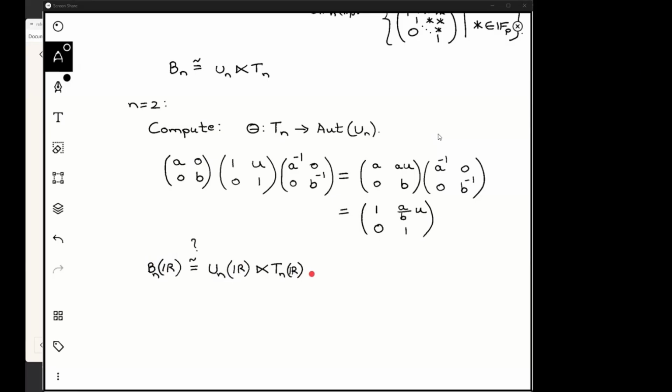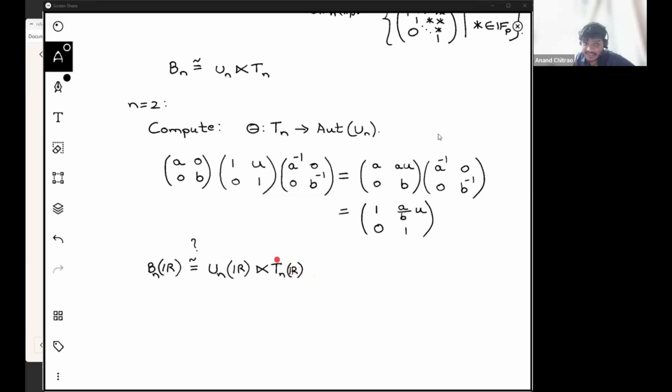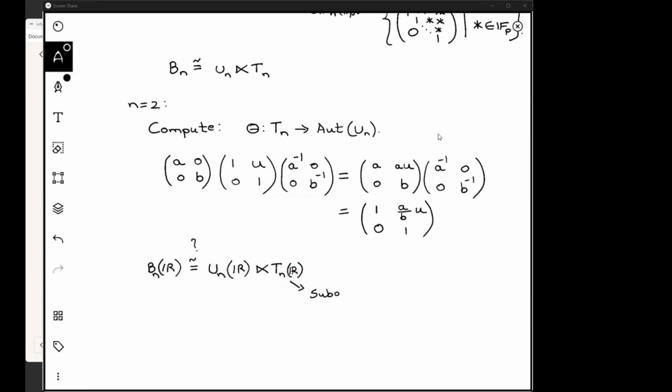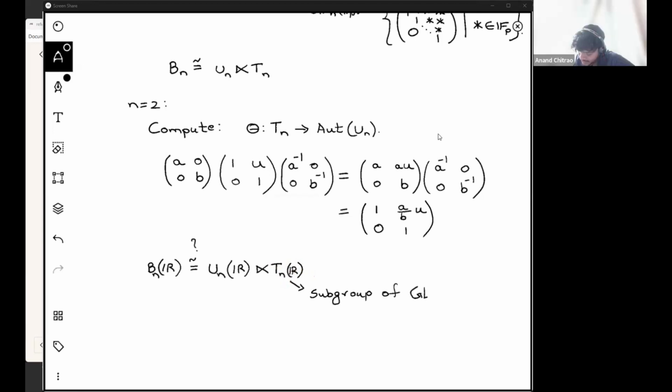TN(R) stands for diagonal matrices with entries in the real numbers, the subgroup of GLN(R) consisting of diagonal matrices.